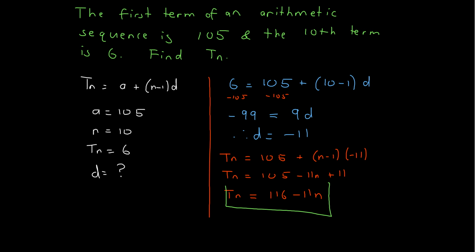We're starting at 105 because we sub in n equals 1. We don't start with 116 because we don't sub in n equals 0, and we're counting down by 11s. So when I put t10 into here, I get 6. 116 minus 11 times 10 is obviously 116 minus 110, which is 6.